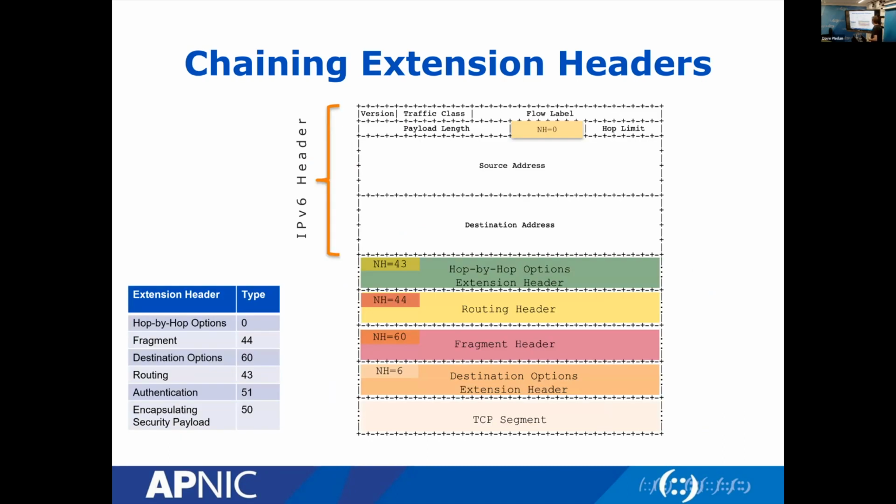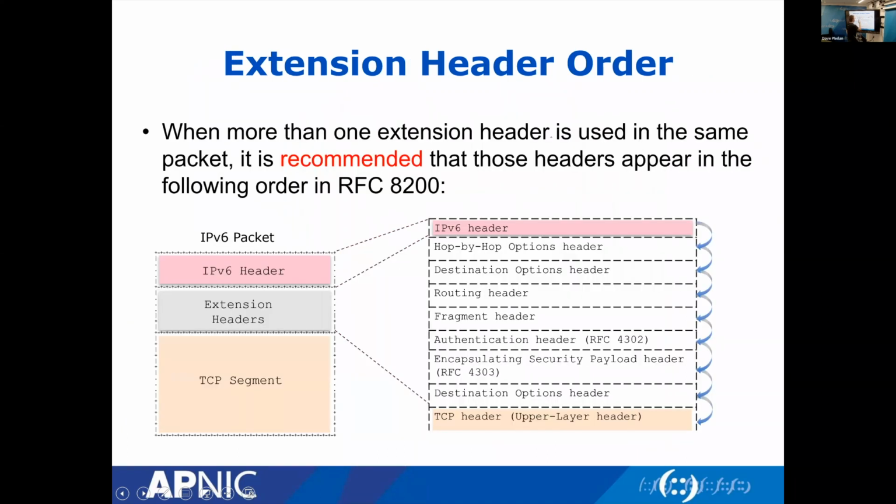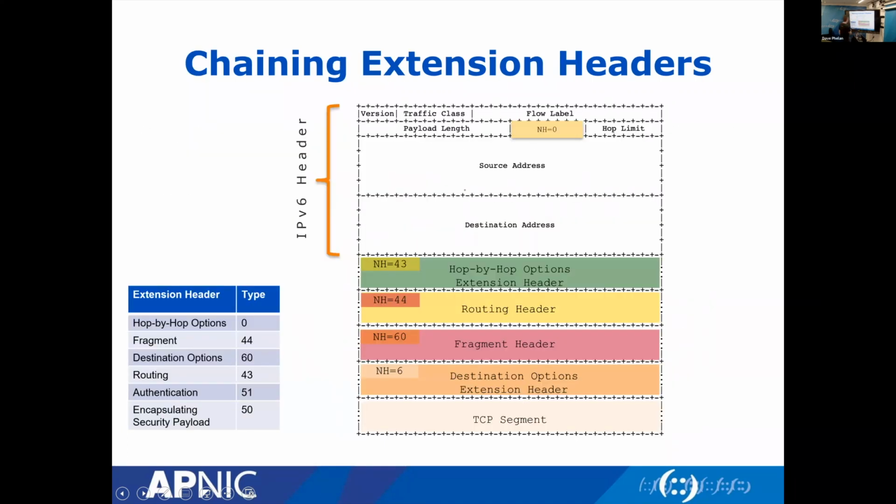So when we get to chaining our extension headers, here we have a typical header, right? So we've got all of our header info here. If I'm chaining headers, what did I say next header was? Okay. Next header 0 is hop by hop.